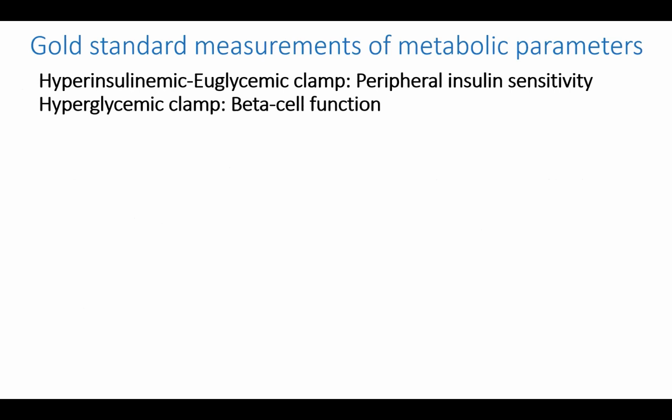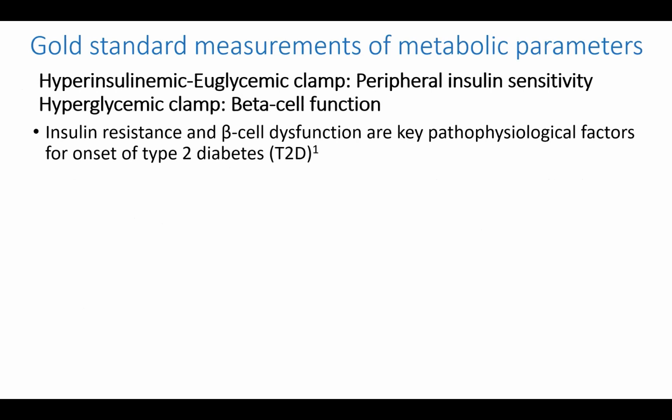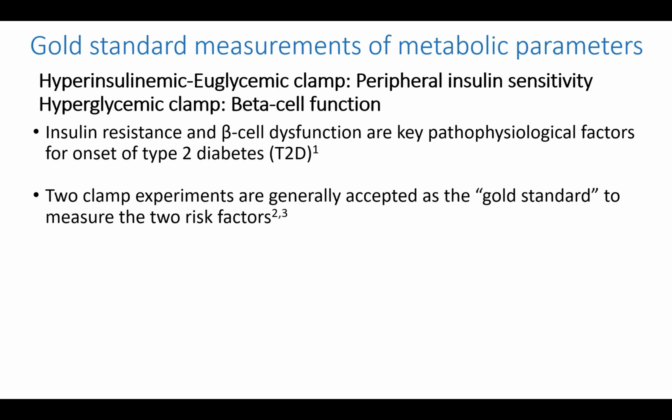Here are the gold standard measurements of metabolic parameters. The hyperinsulinemic euglycemic clamp measures peripheral insulin sensitivity. Hyperglycemic clamps measure beta cell function. Insulin resistance, which is the reciprocal of insulin sensitivity, and beta cell dysfunction are key pathophysiological factors for the onset of type 2 diabetes.